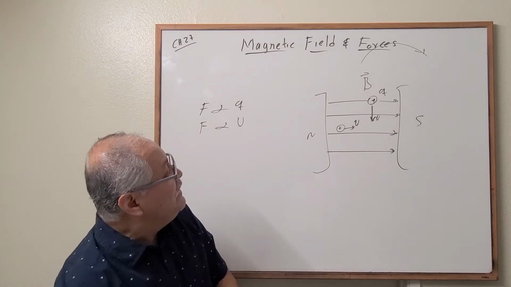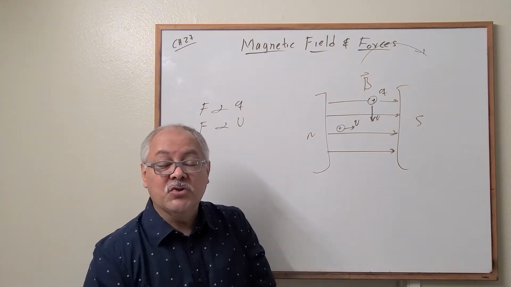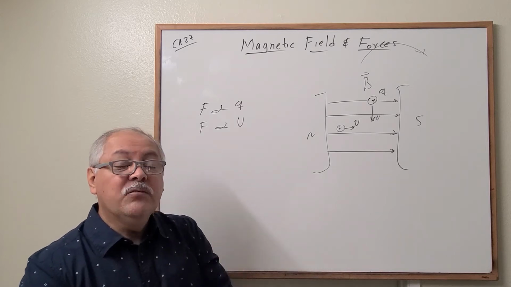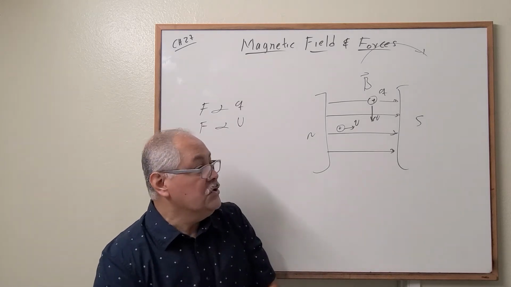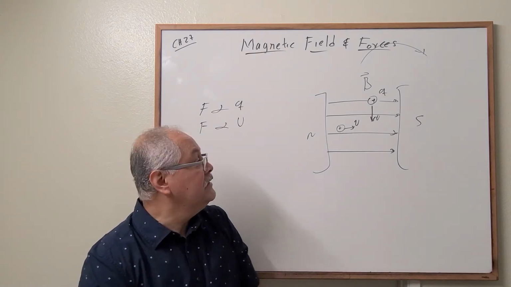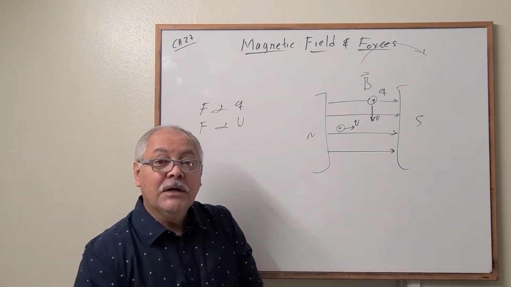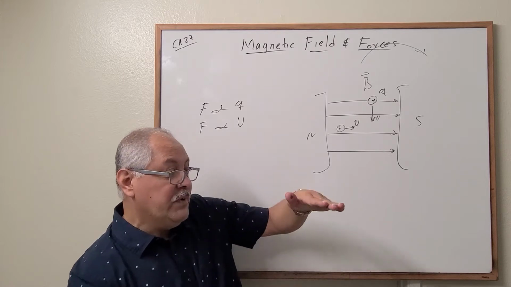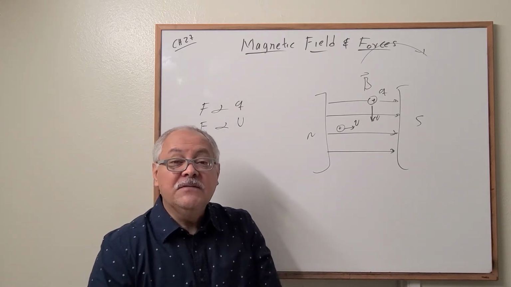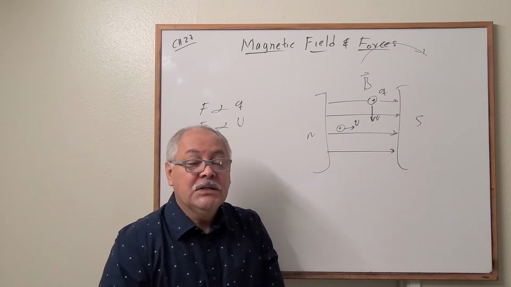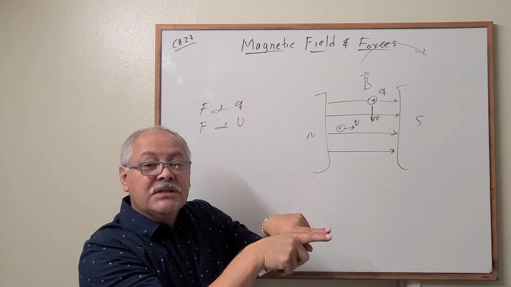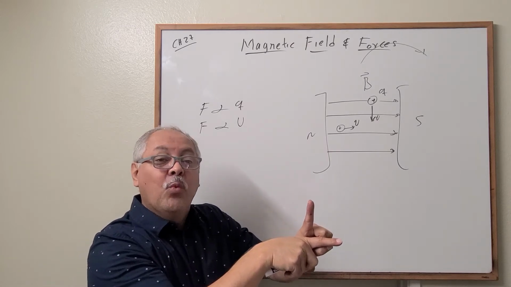So this force depends also on the angle. Now we need to find which function relates this condition. When it's parallel to the magnetic field, we have zero, and when it's perpendicular, we have the maximum. The function that is found is sine. When the angle is 0, sine 0 is 0, and sine 90 is 1.